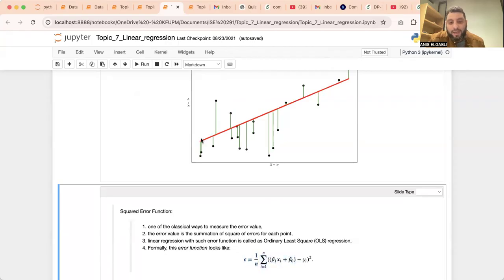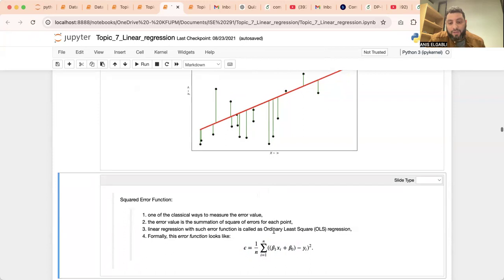We want to find the beta 0 and beta 1 such that this error function is at its minimum value. So this is a good function to consider. In fact, if the errors, the differences between the actual and the estimated y, follow a normal distribution, then this is known as the maximum likelihood estimator. If you don't know that for now, that's fine.